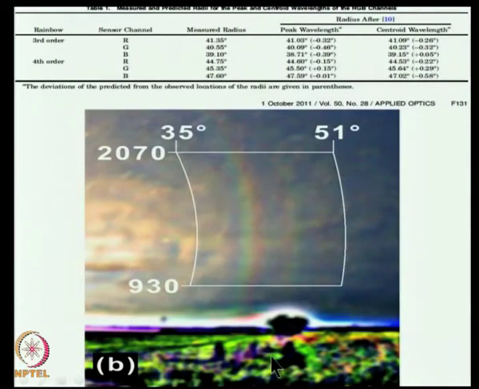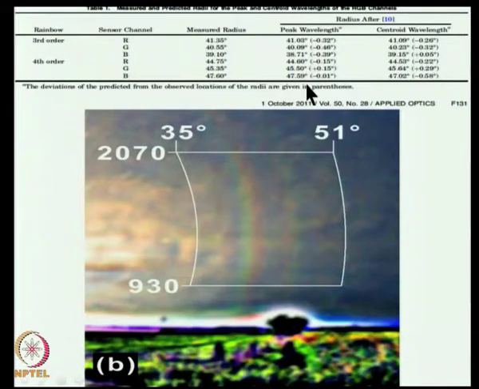Now, recently a paper was published in which people were able to identify not the secondary, but tertiary and the next one rainbows, and this of course is very faint, but they were able to compare the measured distance of the red, green and blue and so on with the calculated value from Mie scattering, and you can see they are pretty accurate.